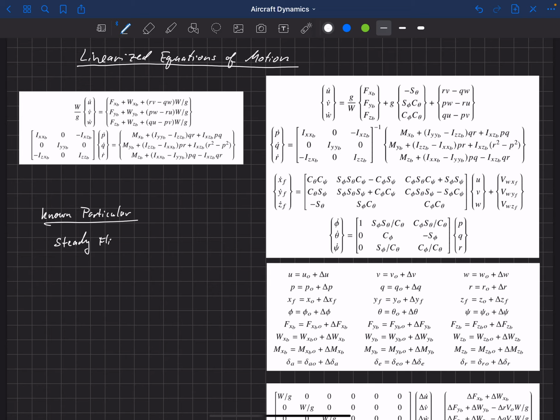Now, I think in the previous video, I said steady level. We're actually not going to require it to be level, okay? So we're going to require steady flight with zero side slip. So that means that beta equals 0. We're going to have 0 angular rates, so P, Q, and R.